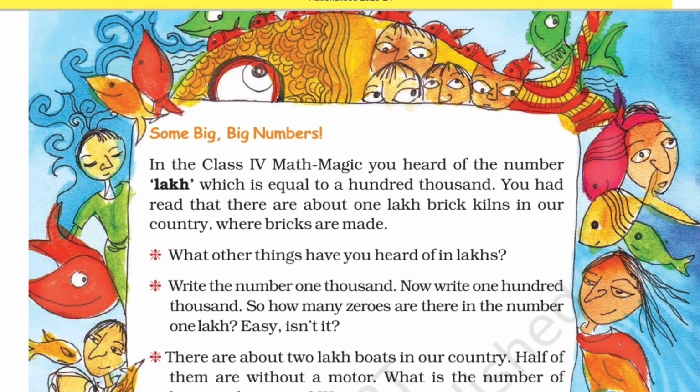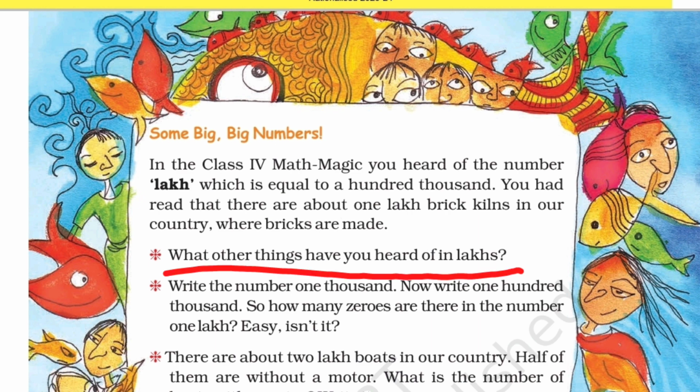Students, I hope you remember the class 4 Math Magic book. We learned about lakh, which is equal to 100,000. You had read that there are about 1 lakh brick kilns in our country where bricks are made.